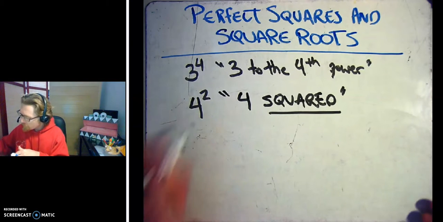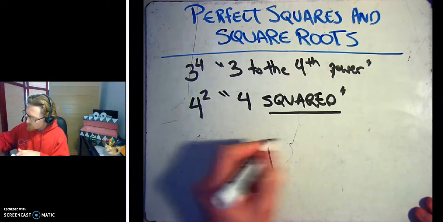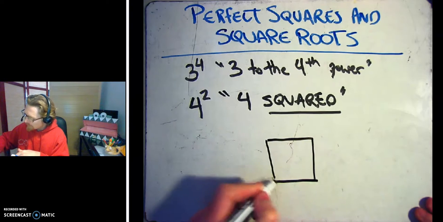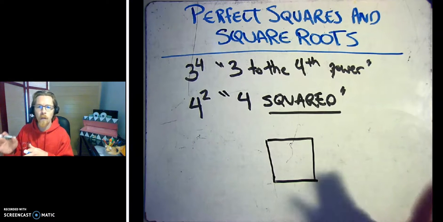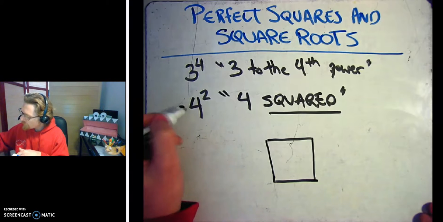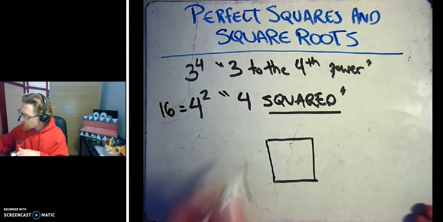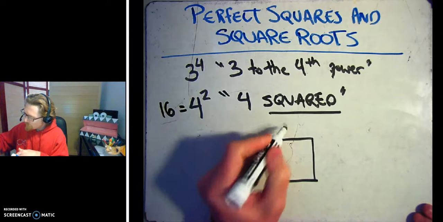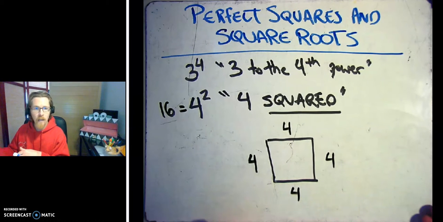Well, the reason being is because of the actual shape of a square. Now, a square is very unique in that it has 4 right angles and it has 4 equal sides. So 4 squared, we know, is a value of 16. And where that really comes from is the shape of a square that has 4 on each side.